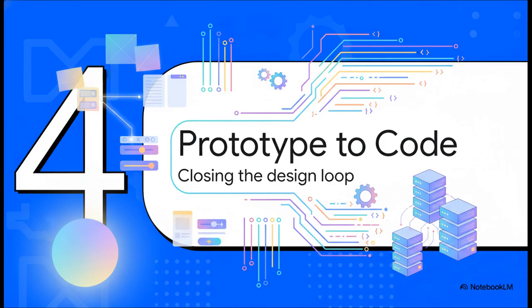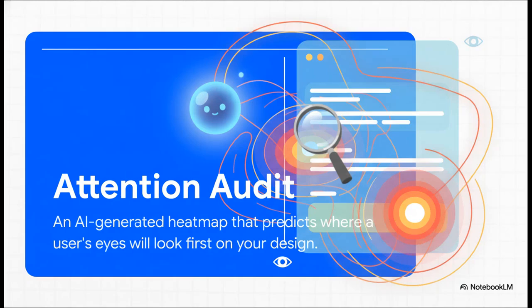But look, making beautiful mockups is one thing. The real magic is in building actual software, and that means finally closing that infamous, painful gap between design and development. Check this out. Before you even think about code, you can run what's called an attention audit. The AI generates a predictive heat map that shows you exactly where your users are likely to look first.